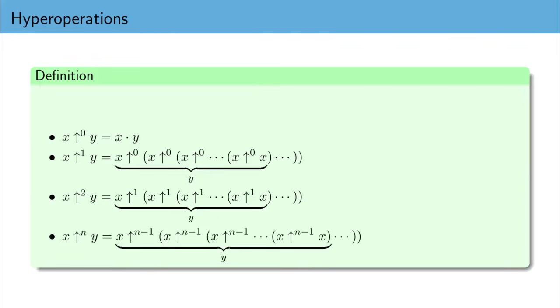And we can continue defining the nth hyperoperation as repeated application of the n minus first hyperoperation in this particular way. This sort of defining a function in terms of iterated application of previously defined functions, where the number of times applied is one of the inputs, is exactly the sort of thing that primitive recursive functions capture, and the hyperoperations are key primitive recursive functions.